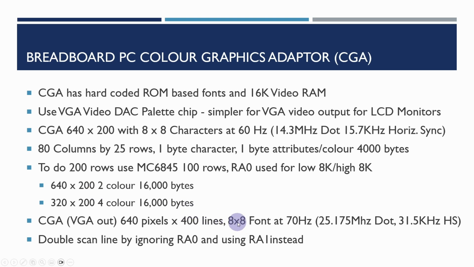We're still going to be using the 8x8 font initially, but this is going to be a frequency of 70 Hz, and because of the VGA dot clock frequency of 25.175 MHz and the horizontal sync frequency of 31.5 kHz, we're going to actually need to double scan these lines. This basically means that for every row we're actually outputting the same information for the 2 rows, and that basically means we ignore the raster address 0 and we only use raster address 1 upwards instead.